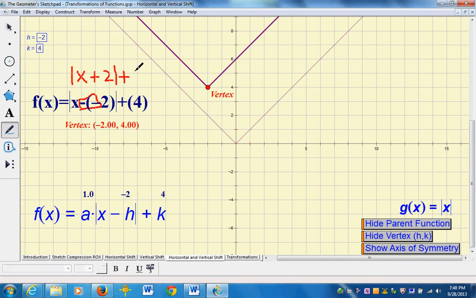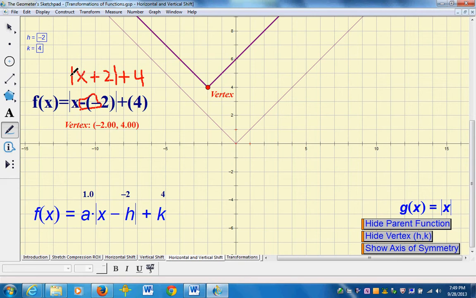I'm going to have f of x is equal to the absolute value of x plus 2, close the absolute value sign, plus 4. So this plus 2 moved my vertex from the parent function to the left 2. And this plus 4 on the outside of the absolute value moved it up 4.